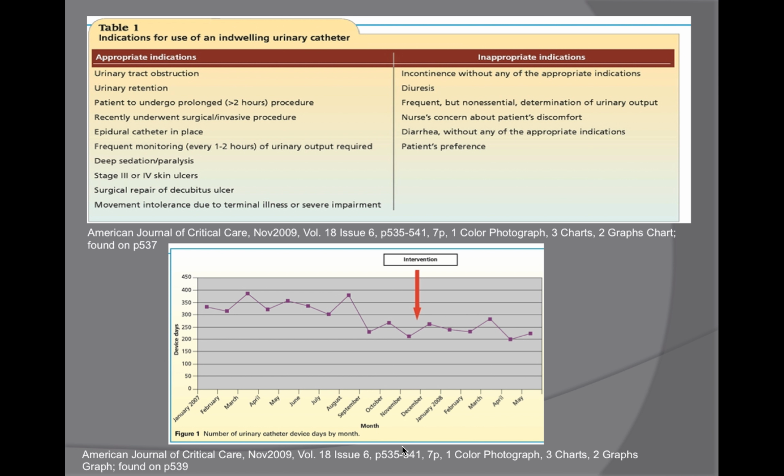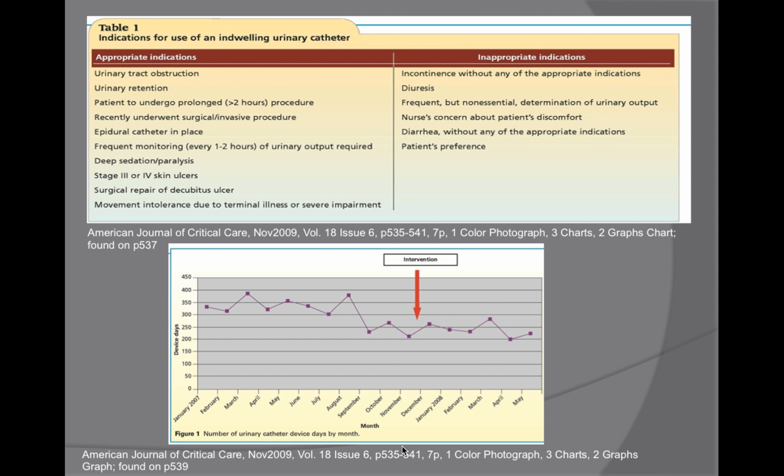Let's see, the table at the top here has 2 columns and it lists appropriate indications for continuing a urinary catheter and inappropriate indications. Some of them could be urinary tract obstructions or urinary retention, a patient that goes into a procedure that is greater than 2 hours long, a patient who has an epidural catheter in place and can't feel anything below their waist.